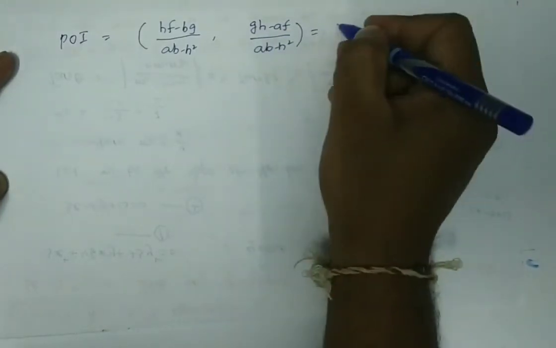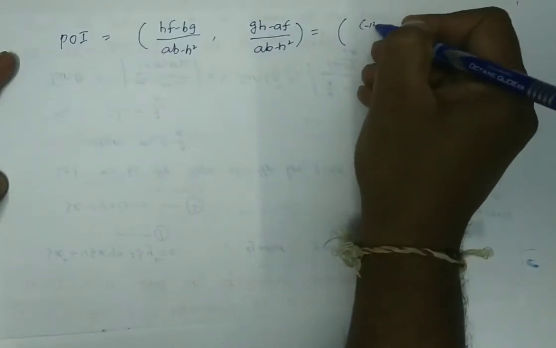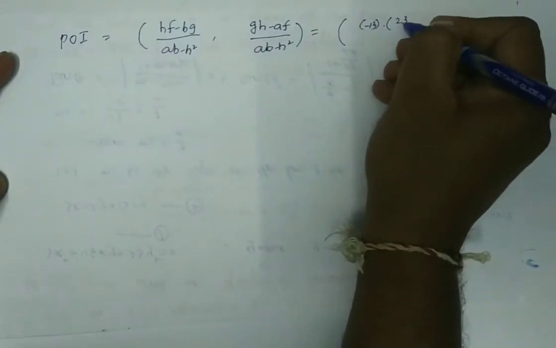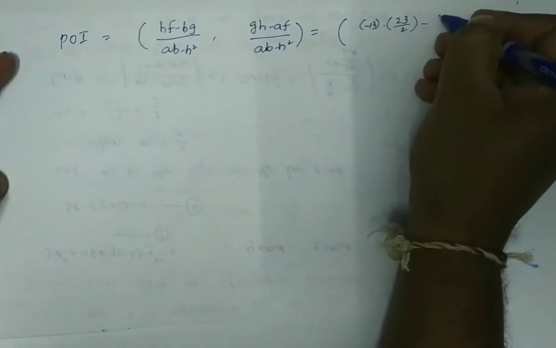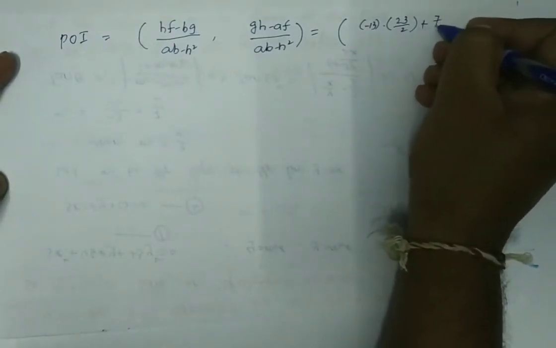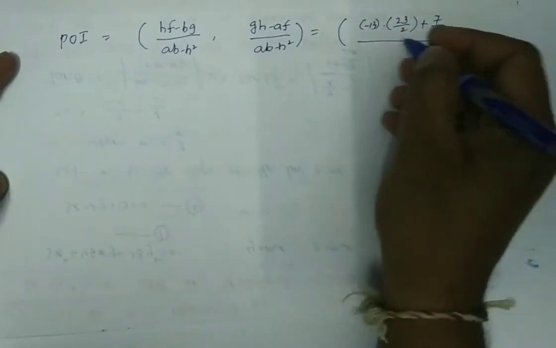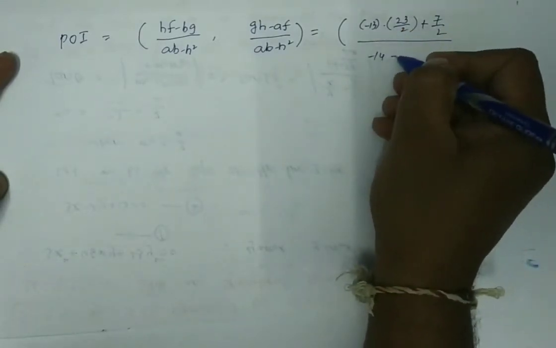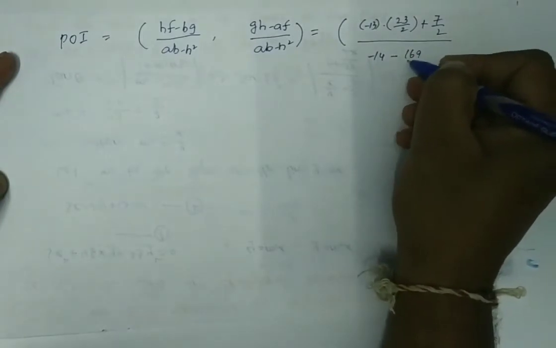So now this is equal to: H is nothing but -13, F is nothing but 23 by 2, minus BG, where BG is nothing but 7 by 2, divided by AB, which is nothing but -14, minus H square, which is 169 by 4.